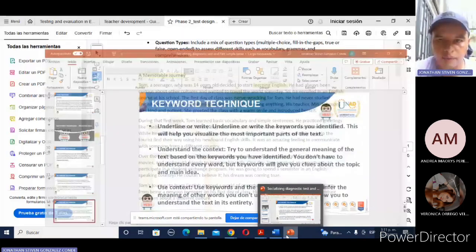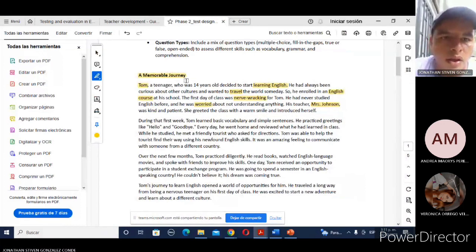Let's see the example, okay? So, the first is Tom, related to all the text. The text is talking about Tom. Learning English is the process that he did. Travel was the trip that he did. English course is the program or the course in general that he enrolled in to improve his English skills.